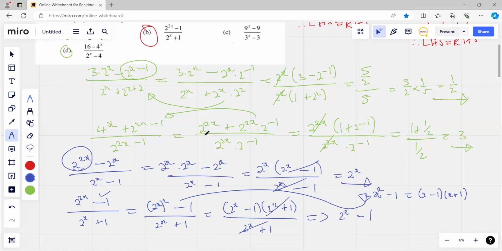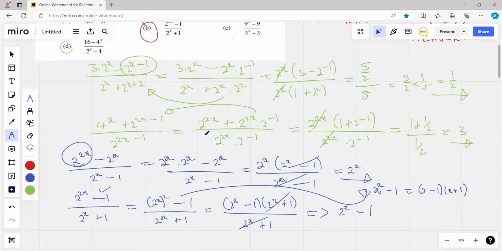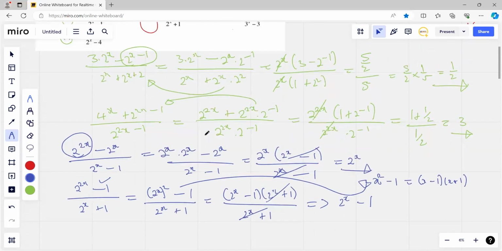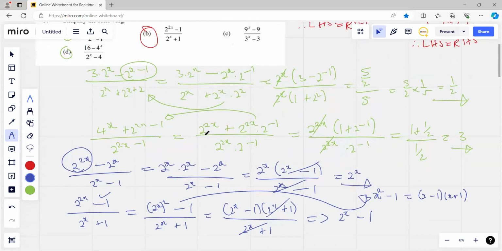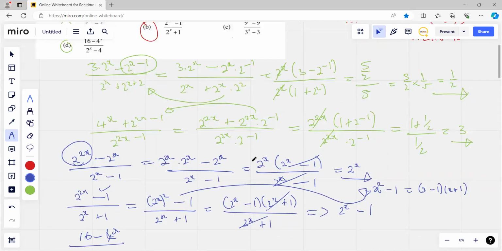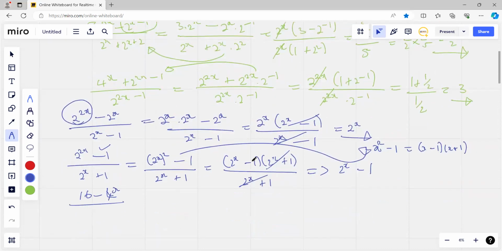Then number D, you have 16 minus 4x. Let me write it down. 16 minus 4 to the exponent of x, divided by 2 to the exponent x minus 4.